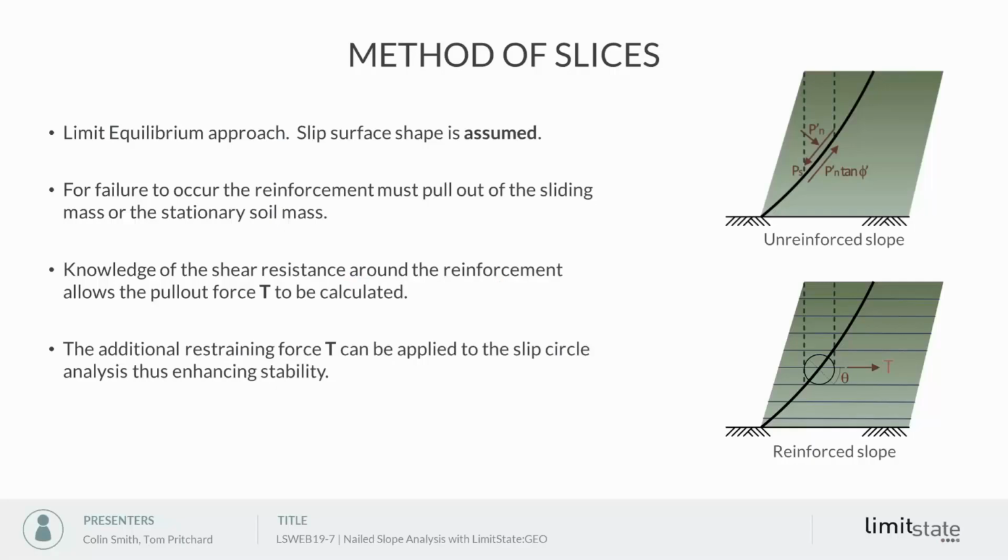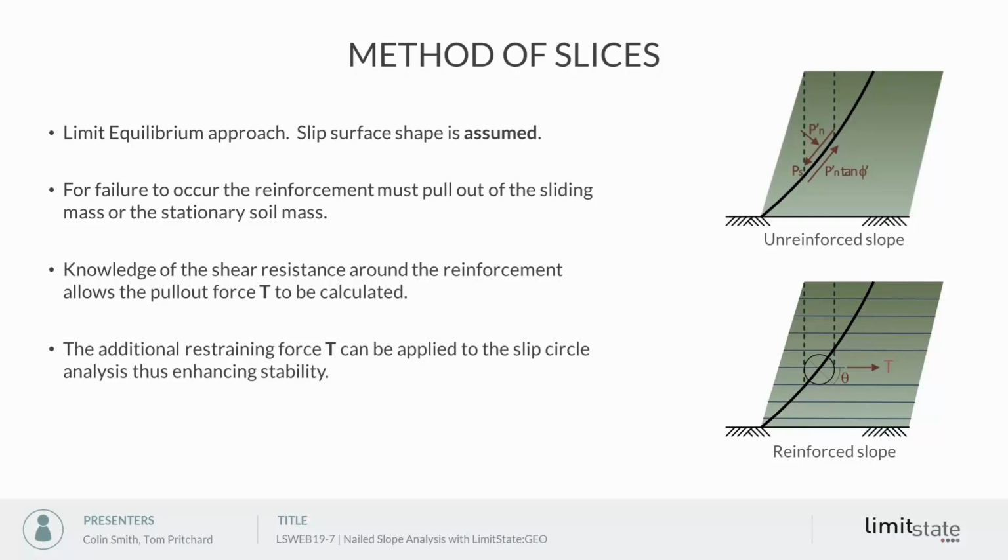So in terms of analysis, if we examine standard textbooks and design codes, we can see a broad consensus on the general principles of modeling reinforcement. For slope stability, often we'll be using conventional slope stability methods, such as method of slices or a wedge analysis type approach. And in those, we assume a slip surface shape.